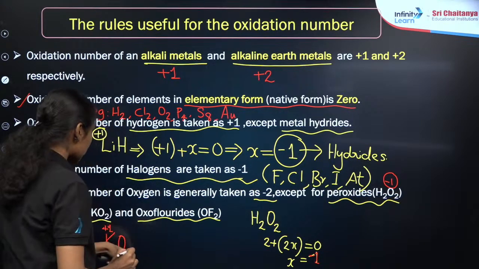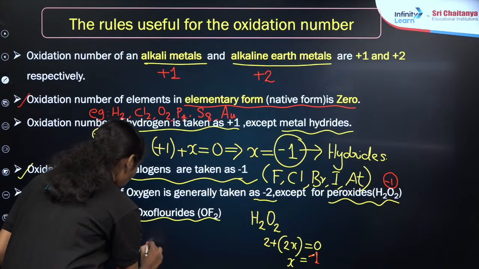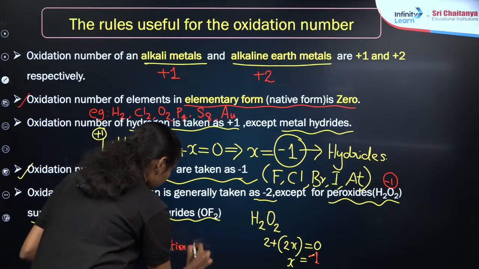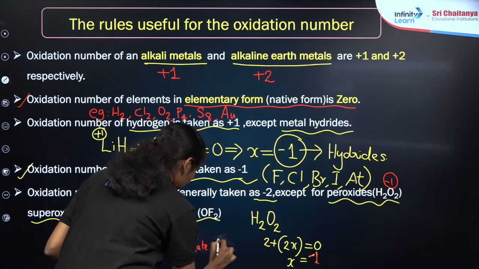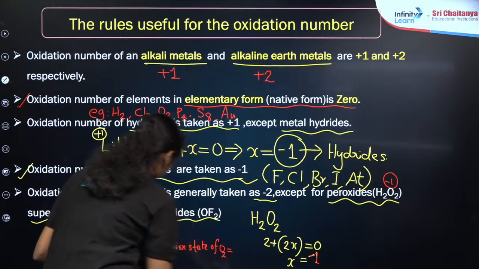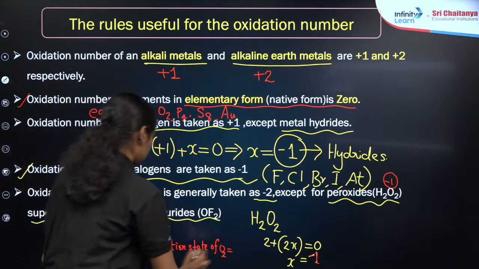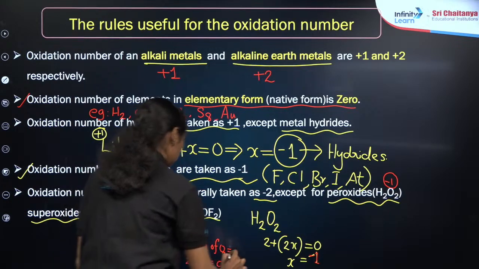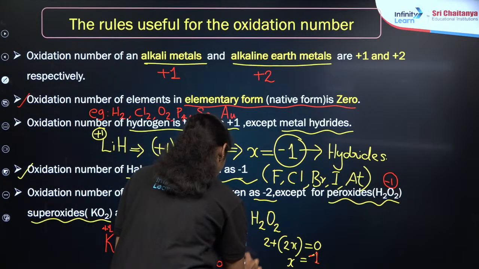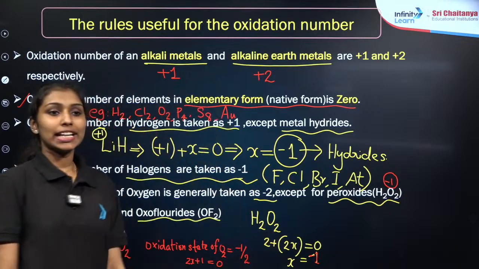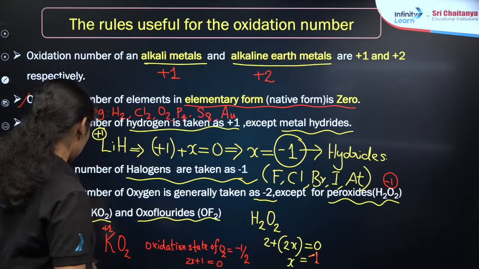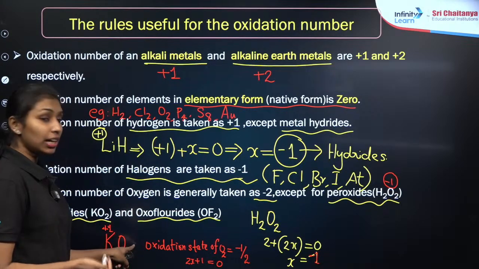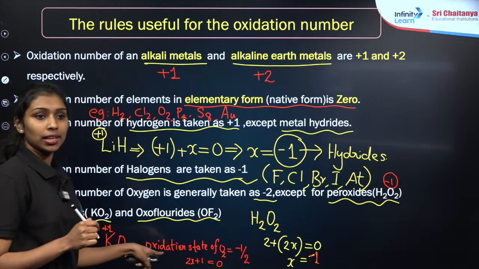If we take the algebraic sum as 0, how much will the oxidation state of oxygen be? Two oxygens are present here, 1 plus 2x equal to 0, or 2x is equal to minus 1, or x is equal to minus 1 by 2, right?